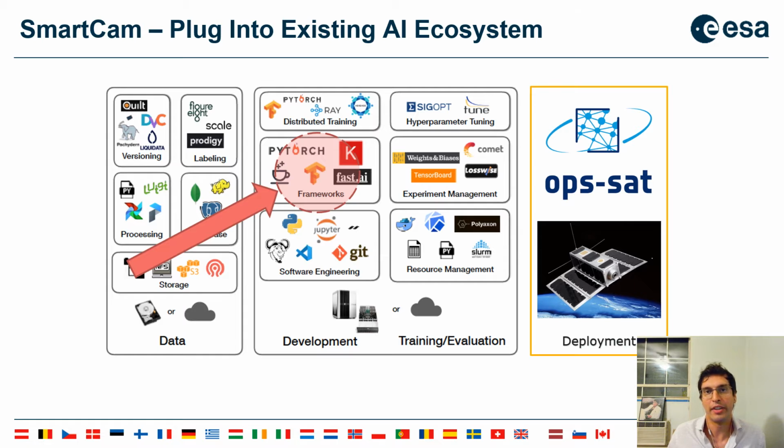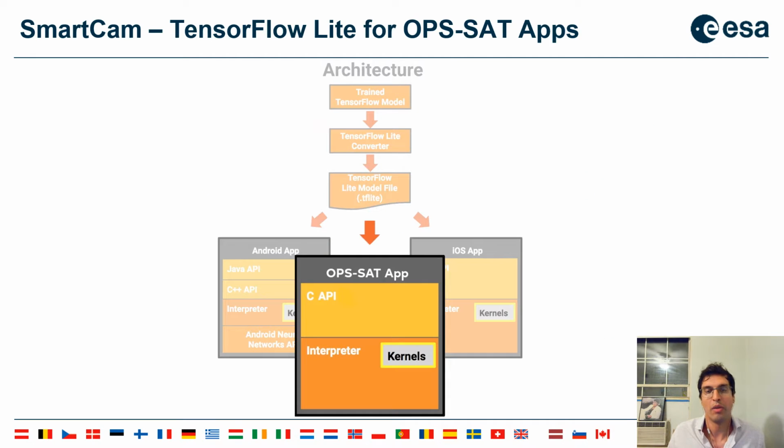We took advantage of the spacecraft's powerful computer to reuse frameworks that have been developed and matured for terrestrial application in edge and mobile devices. In this case, we selected TensorFlow Lite. What this means is that we can reuse the same architecture and training workflow developed for mobile devices, but to deploy apps in space for OPSAT.